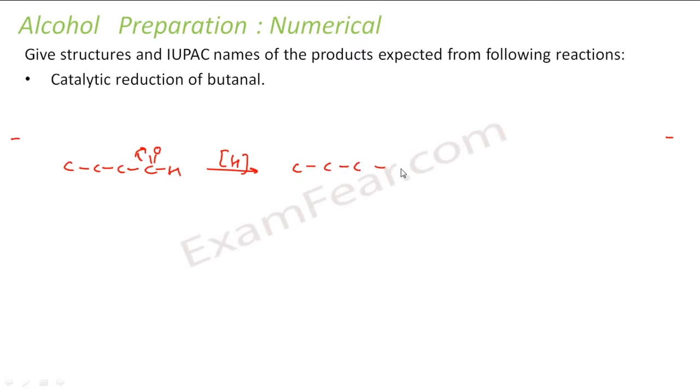So what you get is CH3CH2CH2CH2OH. This is butan-1-ol. What happened here is this is hydrogen. You add one more hydrogen, so it becomes CH2OH. If you want, I can add hydrogen here just to make it a little clear.